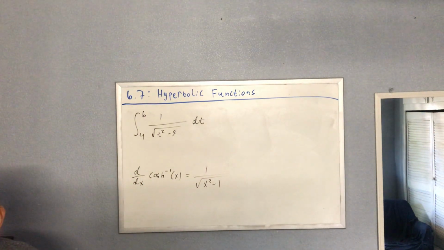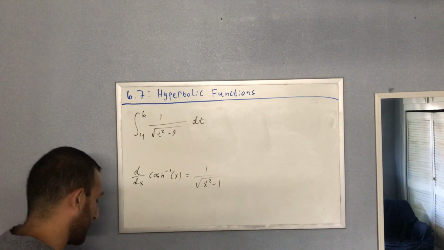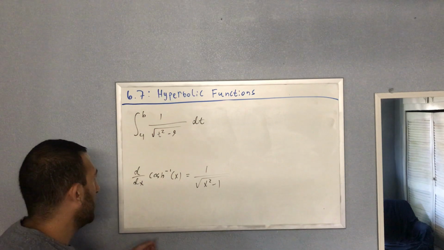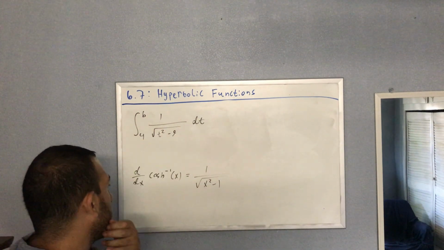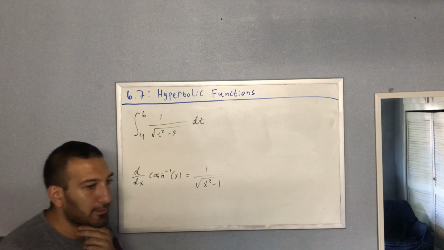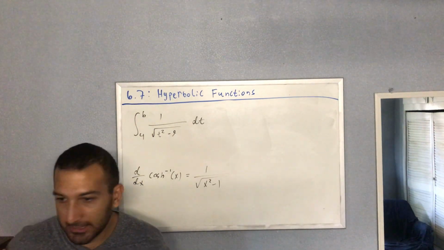It ended up being that. So this kind of looks like that form, right? It's something squared minus a constant. Granted, that's not 1, so we'll have to think about how to correct that. That's the key here.